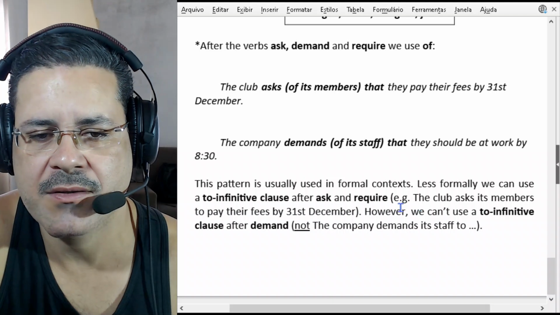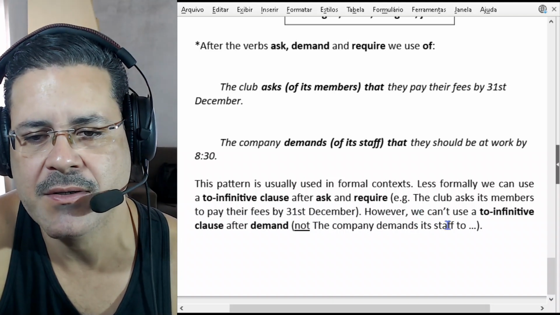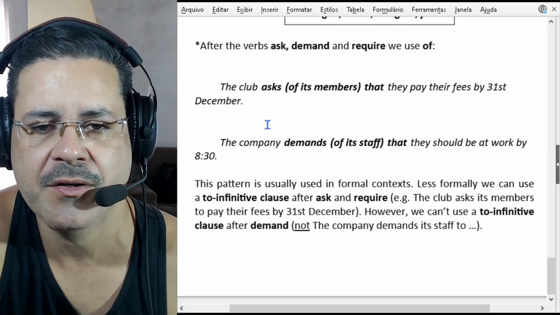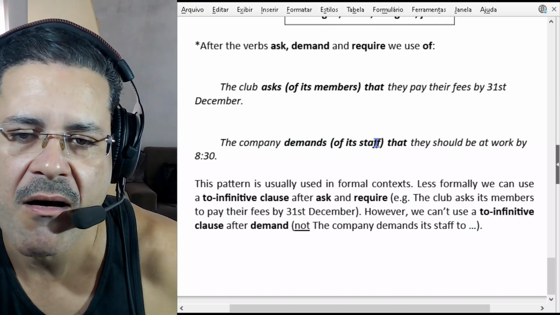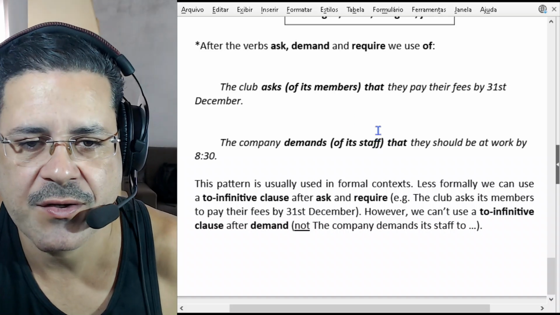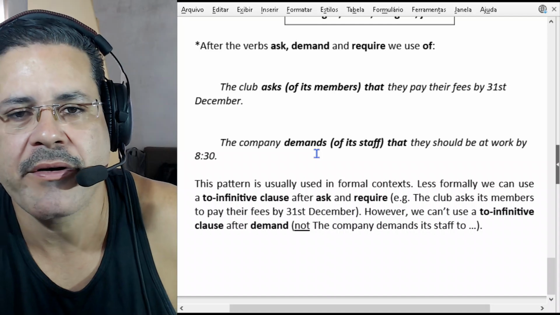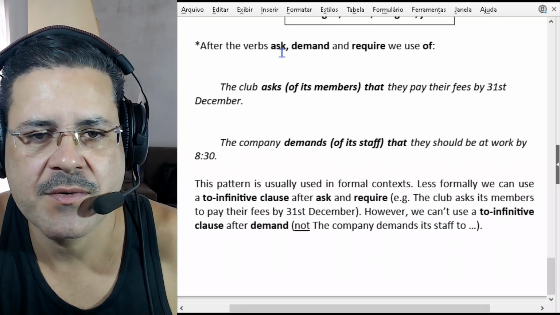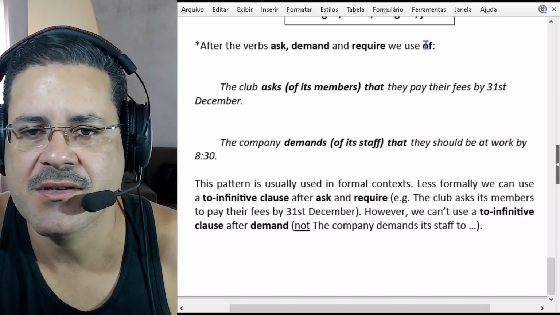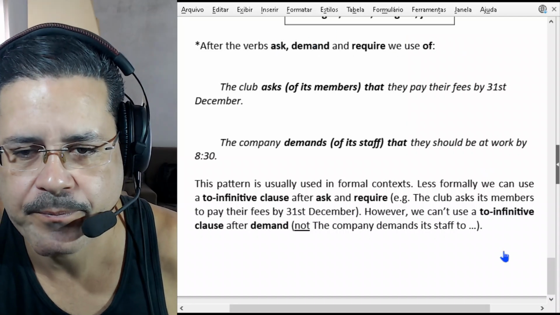However, there's no alternative for the verb to demand. The company demands of its staff. But that's not quite important to you, so don't worry about that. Most important is to know that those verbs ask, demand, and require use of. So ask of, demand of, and require of.